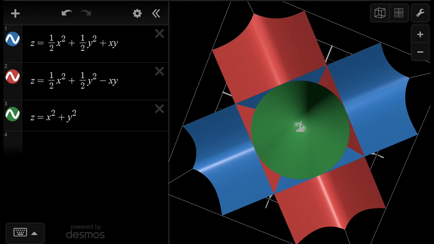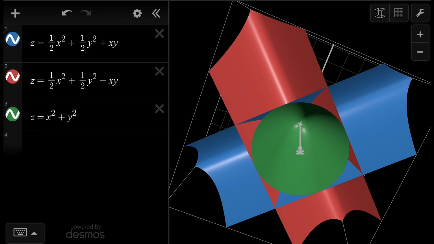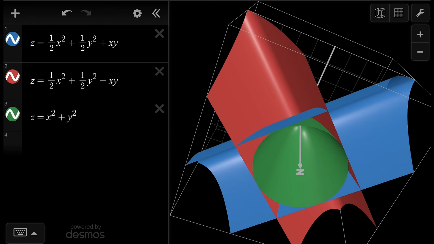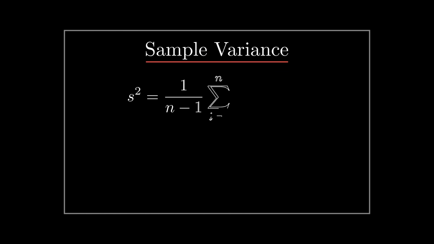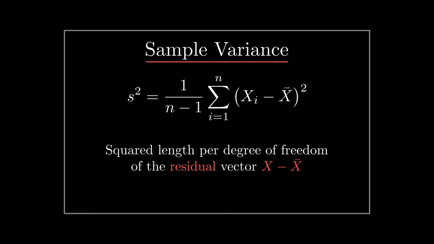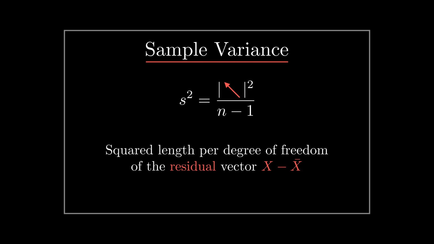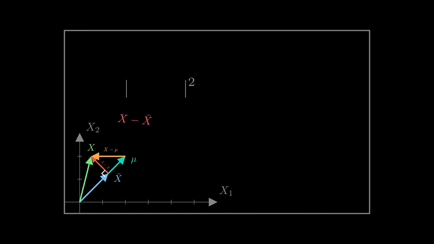That was a lot to get lost in, so let's zoom back out to review what we're doing here. We're saying that certain statistics can be represented as quadratic forms, and we're trying to find the representation for the sample variance, which is the same as the squared length per degree of freedom of the residual vector. We've established that by the Pythagorean theorem, its squared length is the squared length of our data vector minus the squared length of the sample mean vector.